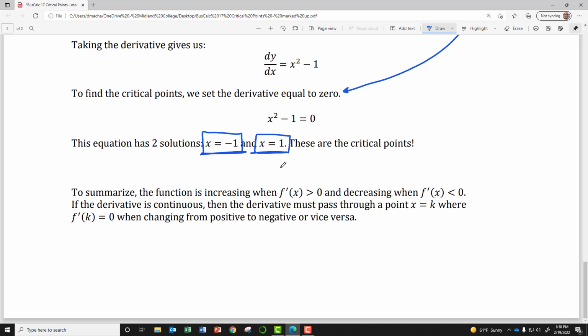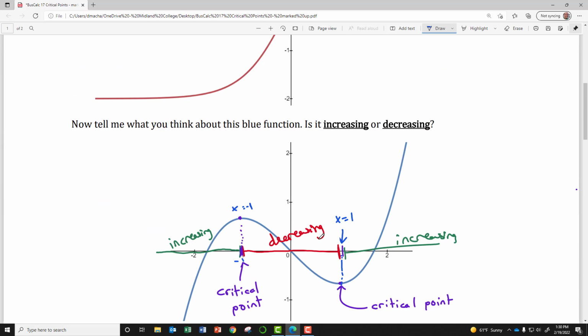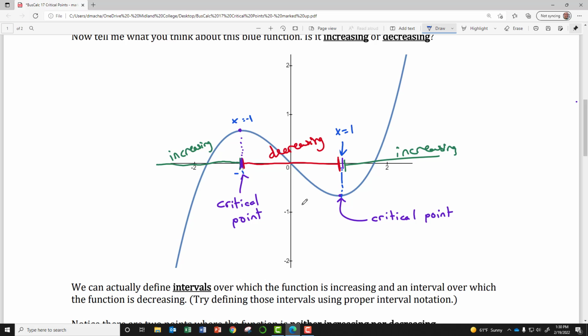And also, if the derivative happens to be continuous, if the derivative of your function is itself a continuous function, then that derivative must pass through a point where the derivative is equal to 0, whenever it changes from positive to negative. Right, and so whenever your function goes from increasing to decreasing or decreasing to increasing, if your function has a continuous derivative, then it's necessary for your function to pass through a critical point as it changes direction.